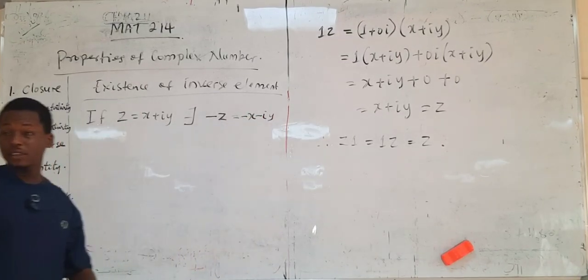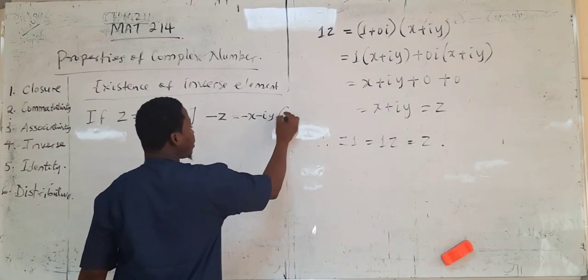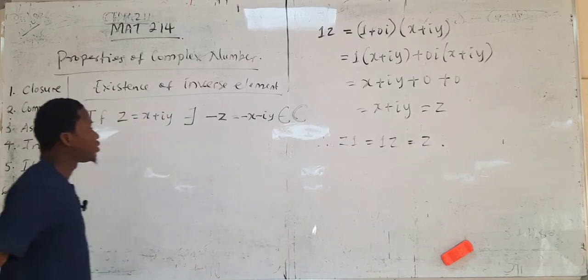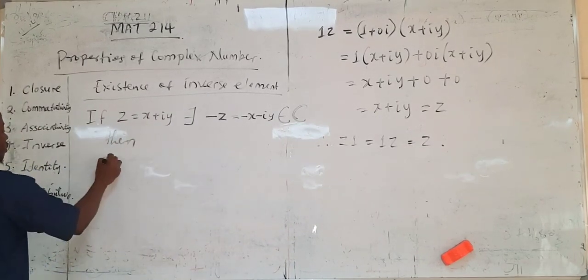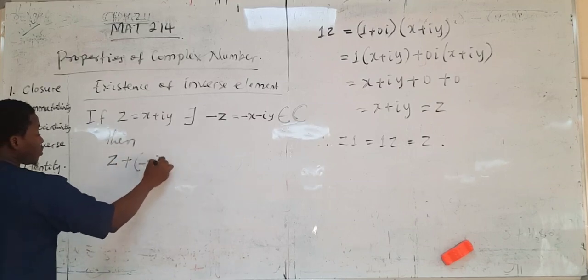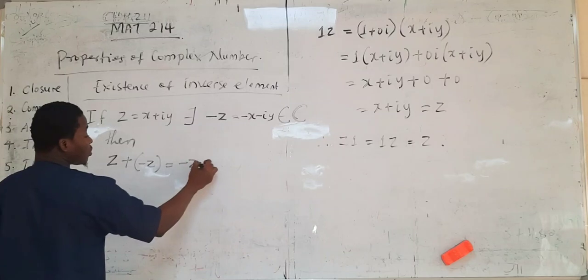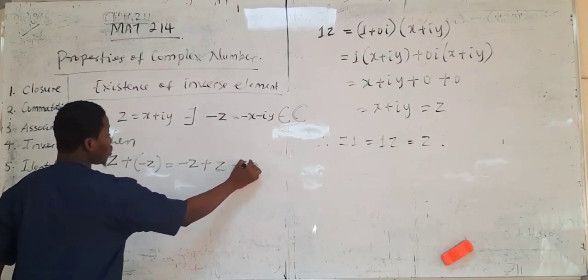Is that clear? Yes. Which is an element of the complex numbers. Then z plus minus z is equal to minus z plus z, which is equal to 0.